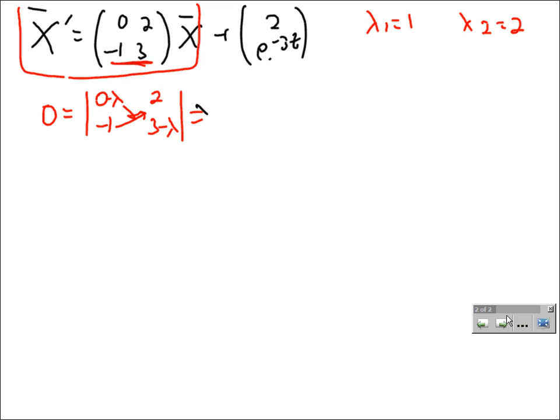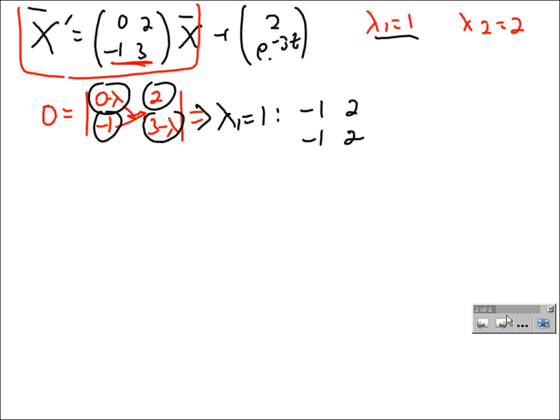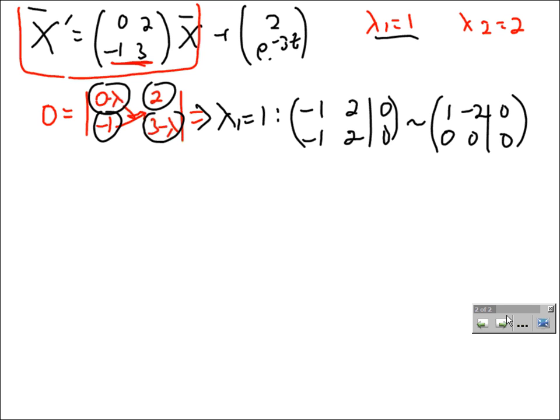Now basically we want to plug in 1 for lambda. So we have negative 1, we have 2, we have negative 1, and 3 minus 1 is 2. We augment that with 0. The second row is the same as the first row, so if you subtract, you get zeros. I'm going to multiply everything in row 1 by negative 1. Why? Because I want to get k1 minus 2k2 is 0. That means k1 equals 2k2.